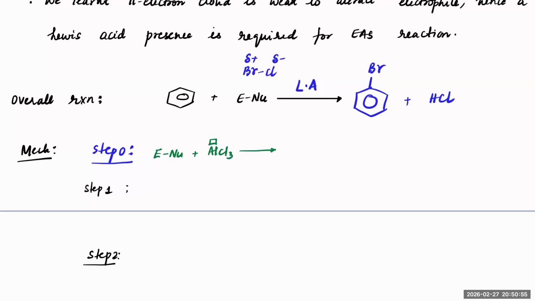The lone pair present on the nucleophile will attack AlCl3. That makes the electrophile, and AlCl3 with the nucleophile has a negative charge overall. This is what you will get. So the zero step is always about generation of the electrophile.